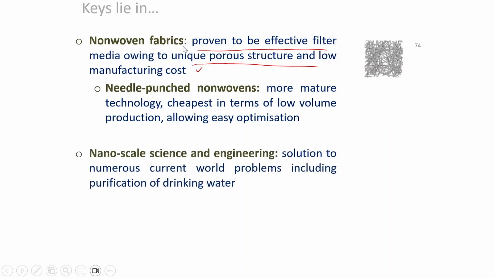Nanoscale science and engineering we have incorporated to improve functionalization, the solution to numerous current world problems including purification of drinking water. So, we have used nonwoven and nanoscale science in the present development.